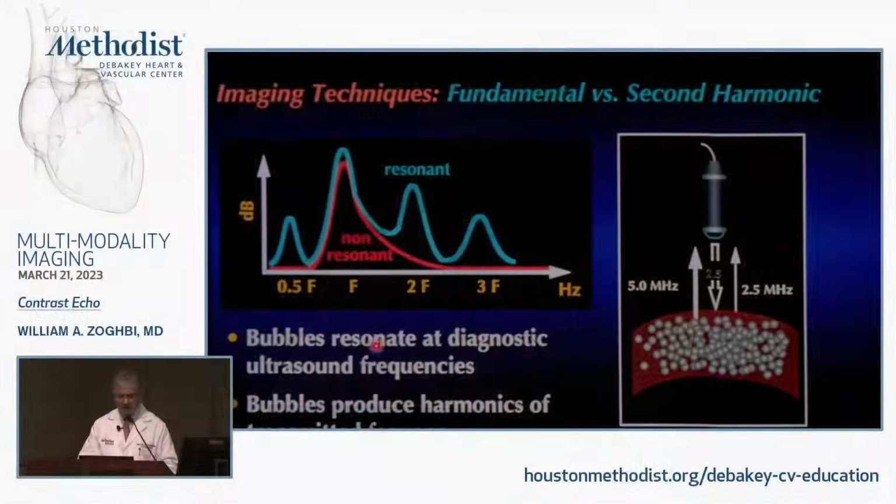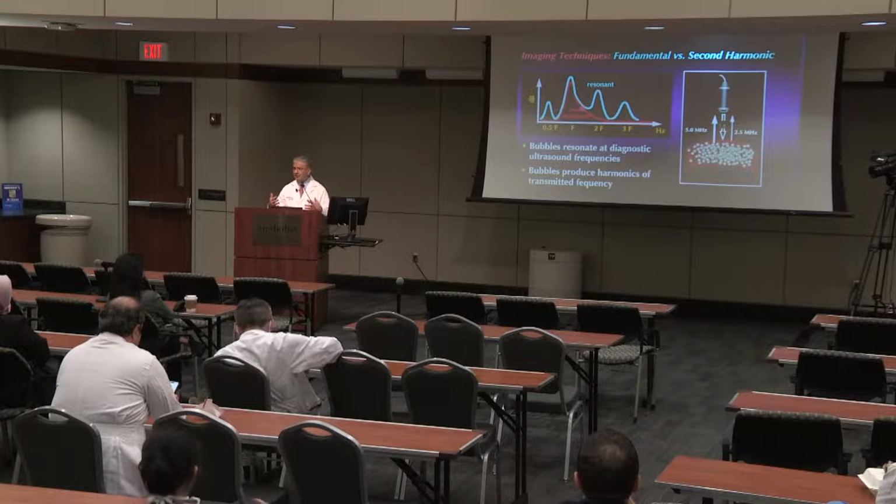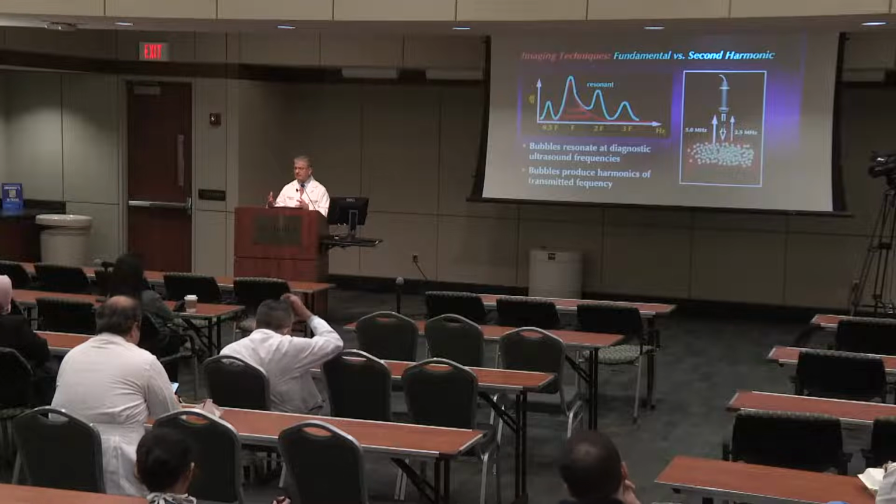So here, this is the fundamental frequency, and this is what a non-resonant structure emits. But if you have a resonant structure, it will emit multiples of that frequency. And interestingly enough, it can also emit half of that frequency, but the vast majority are the multiples. So people discovered harmonic imaging. Harmonic imaging was developed preferentially for contrast, to enhance the contrast itself.